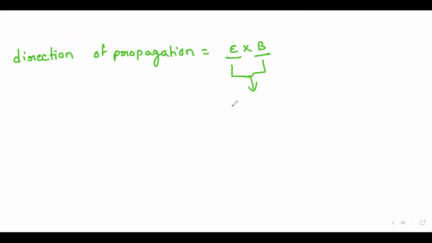You have to write directions. You should not write magnitudes. Is it clear? You should not write the E naught value, B naught value here. Okay.